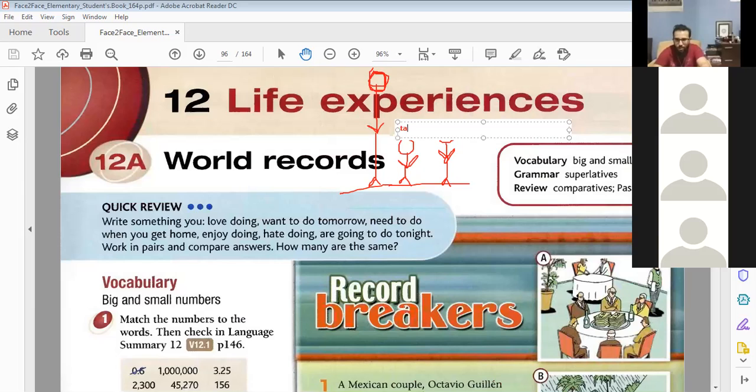We can say Mike is taller, but Bajela is the tallest. So the tallest is a superlative. This is like the maximum, number one. This is the meaning of superlatives. So we'll talk about it today. It's very similar to comparatives.